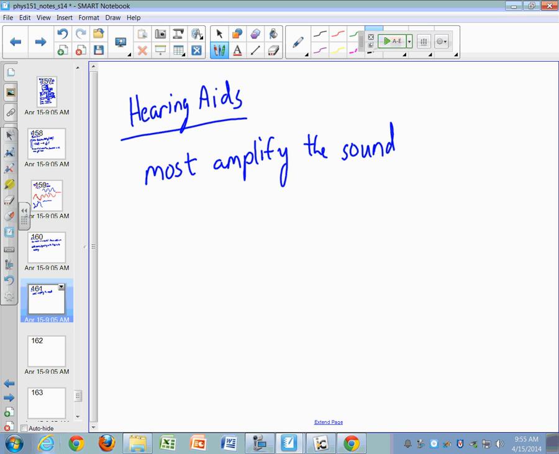It picks up sound that's coming around you, and then it'll just amplify it so that you can hear it better. Others actually select out certain frequencies, and so they'll get rid of, say, low or high frequencies depending upon your particular hearing problem, and amplify only certain frequencies. So some are selective on the frequency.